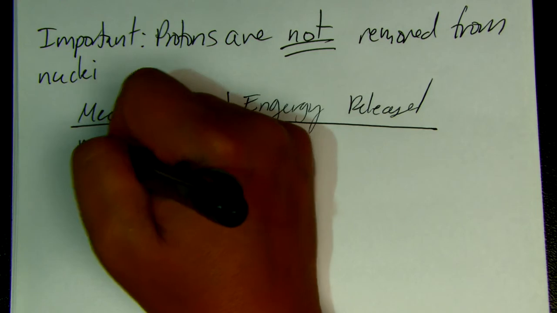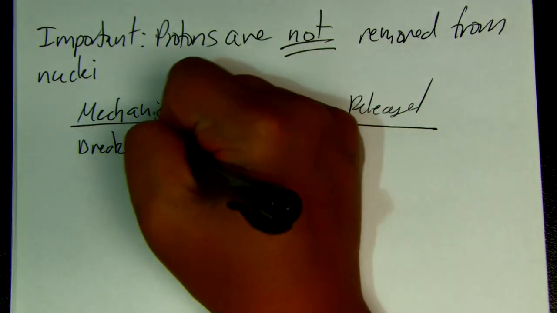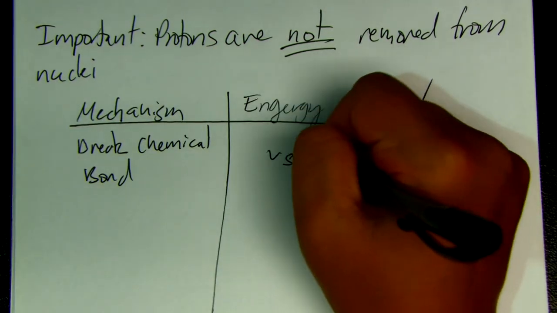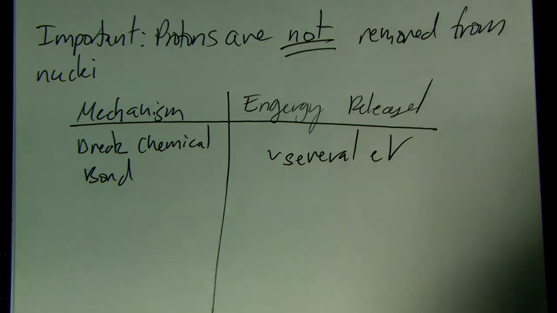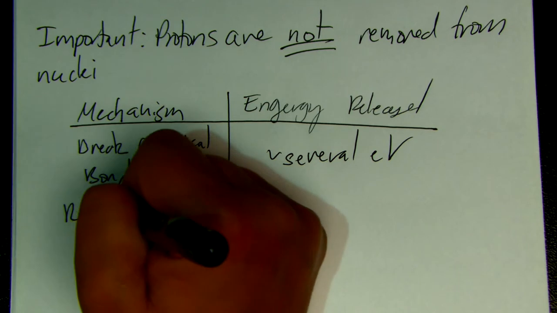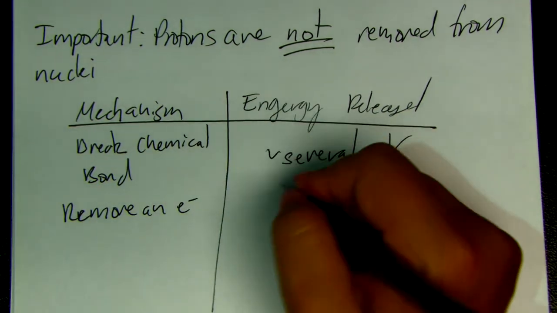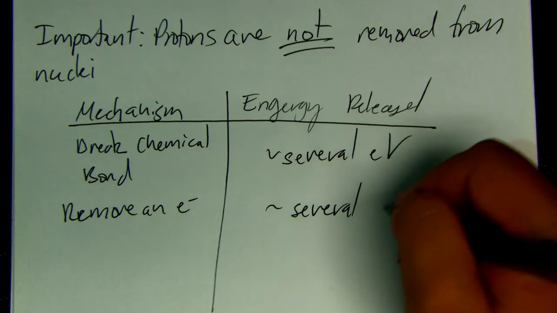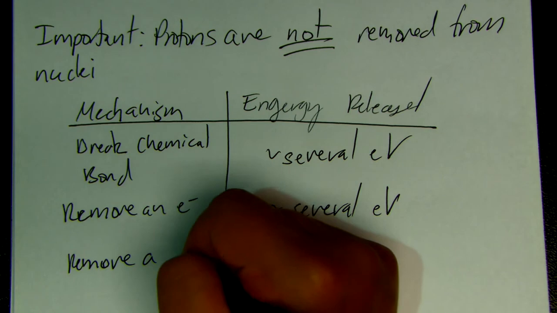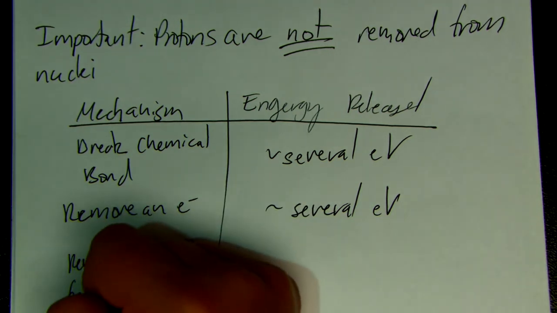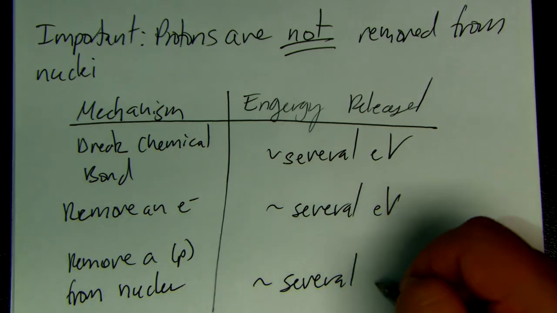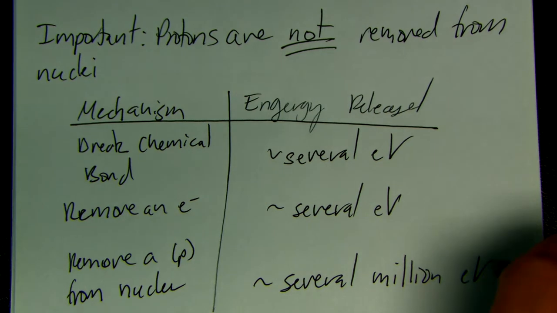So, to break a chemical bond will take several eV. It's a relatively small amount of energy. And to remove an electron, that also takes several eV. And then to remove a proton from the nucleus takes several million electron volts.